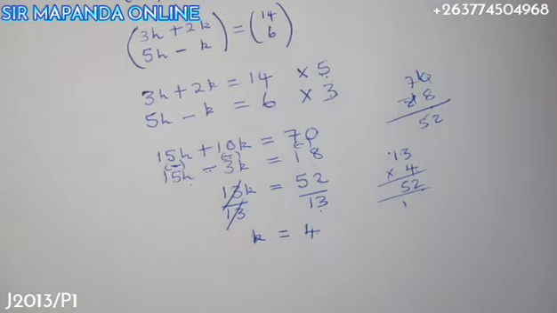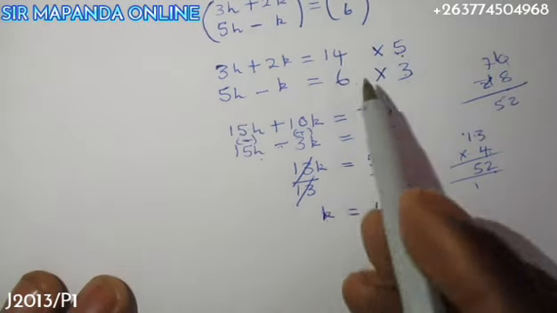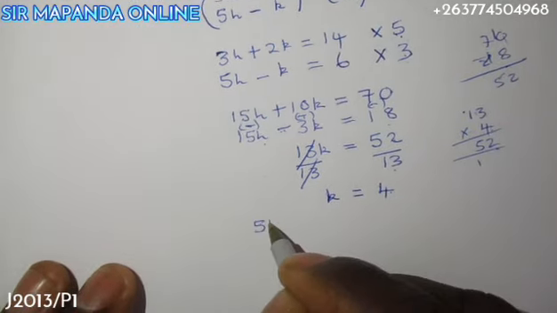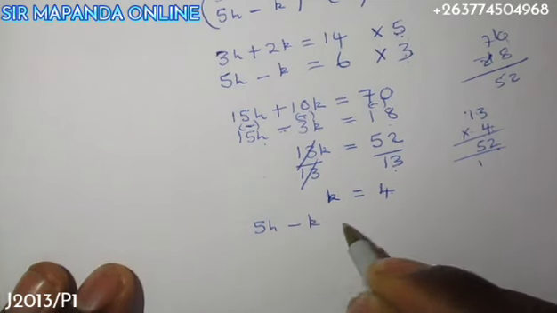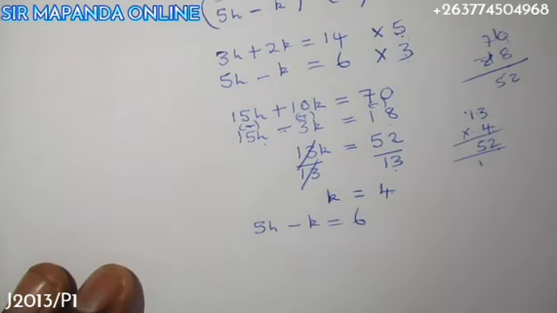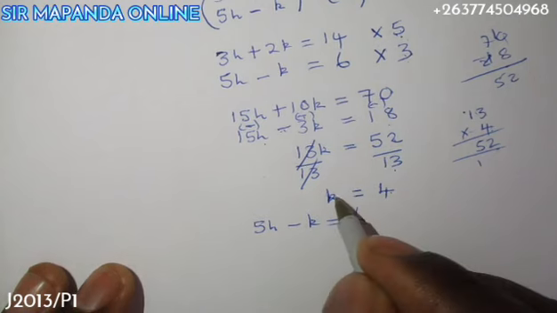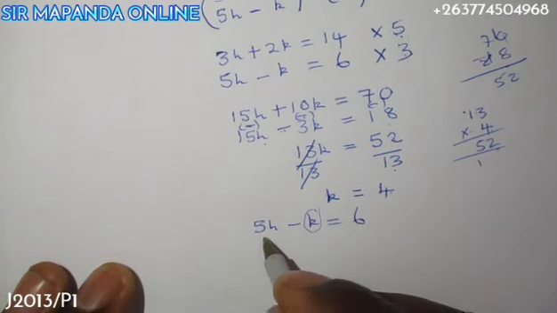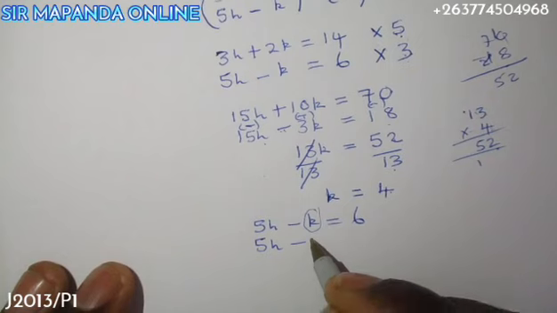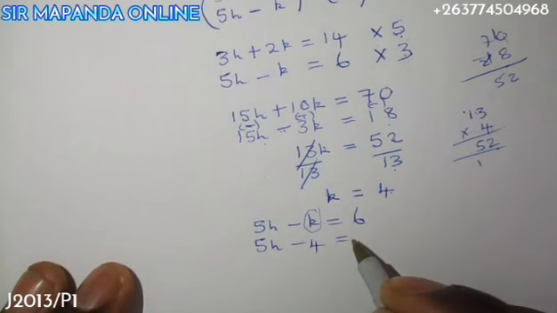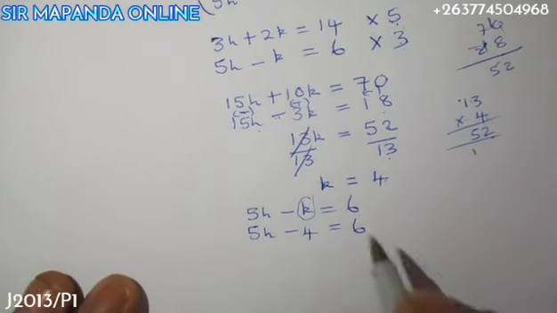Now that we have k equals 4, you choose an equation of your choice to find h. We can make use of equation number 2, 5h minus k equals 6. Putting 4 on k, it becomes 5h minus 4 equals 6.